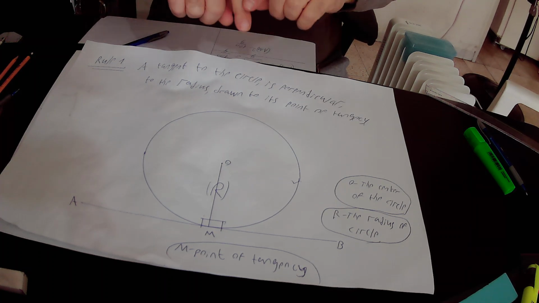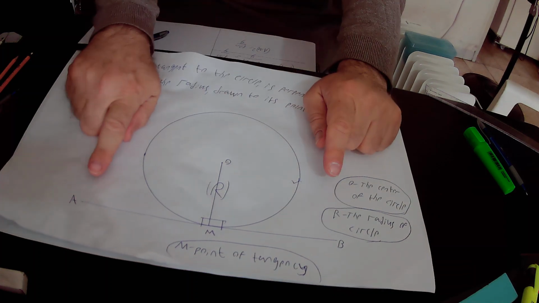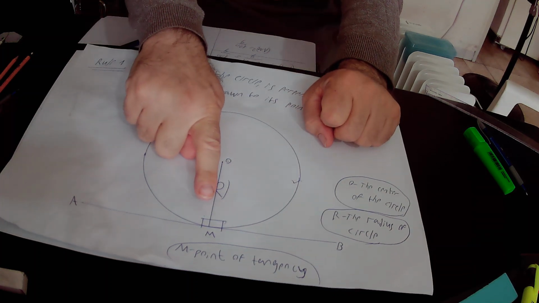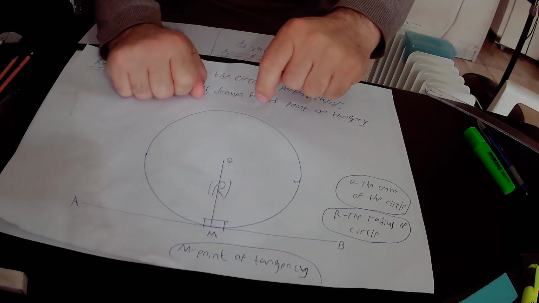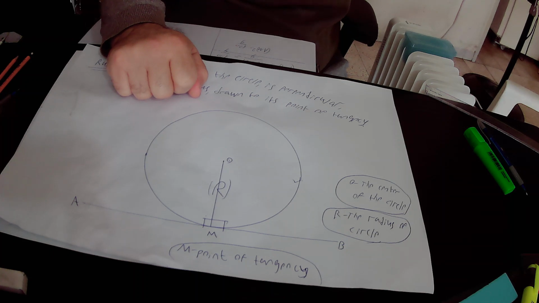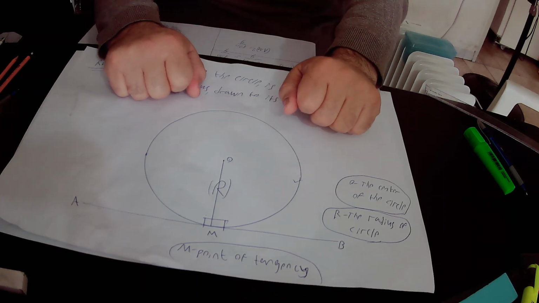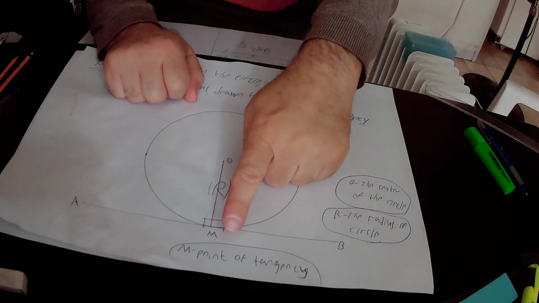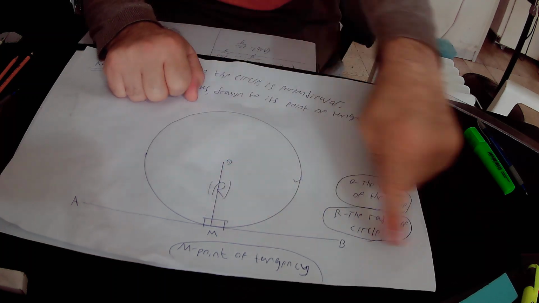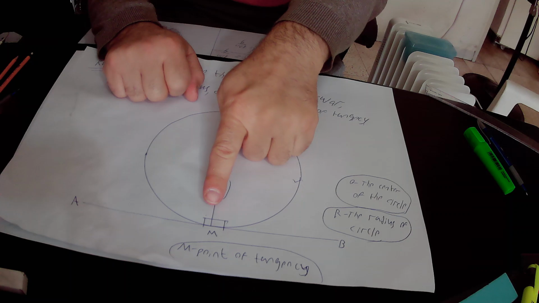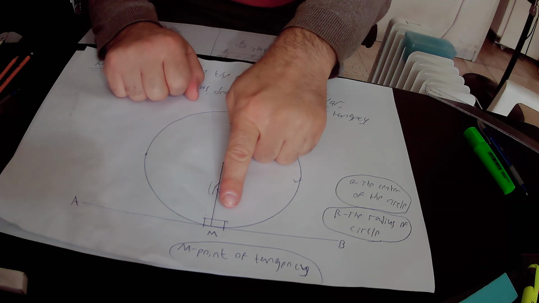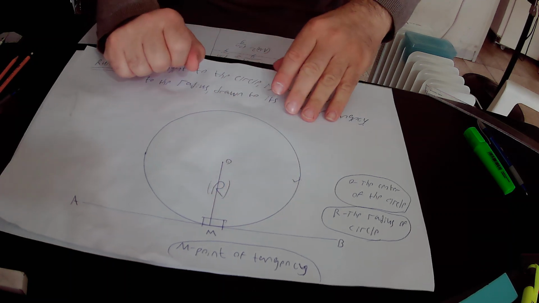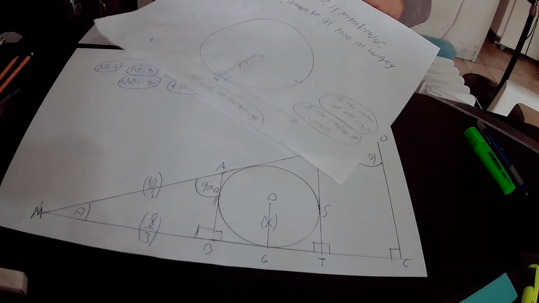In the drawing, we have tangent AB, that is tangent to this circle at point M. Point M is the point of tangency, and we have the radius OM drawn to point M. Whenever you have a radius drawn to the point of tangency, then tangent AB will be perpendicular to the radius MO. If AB is perpendicular to MO, it means that this angle equals 90 degrees, and this angle also equals 90 degrees.